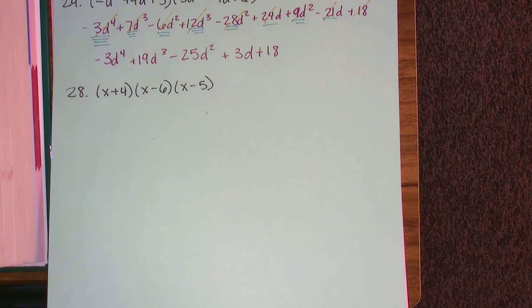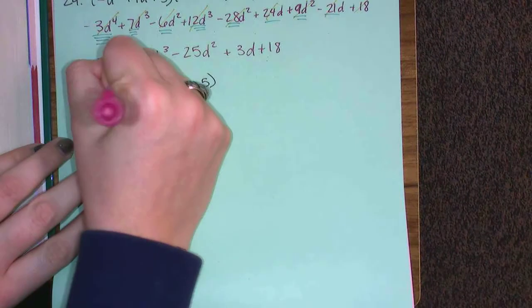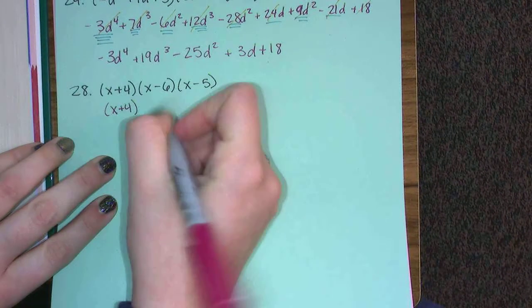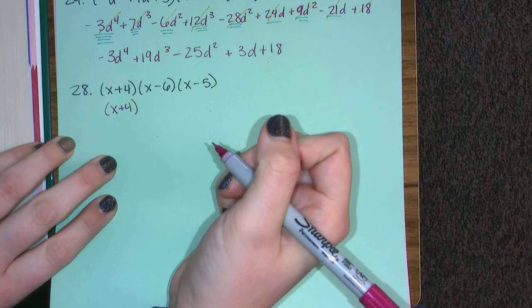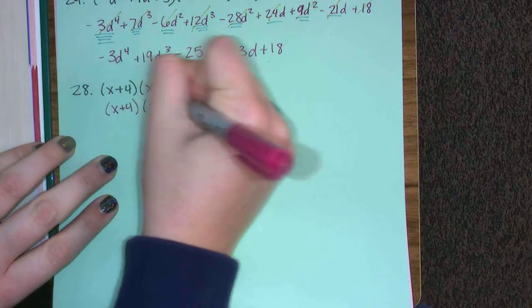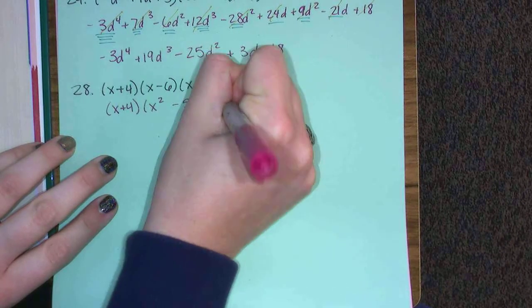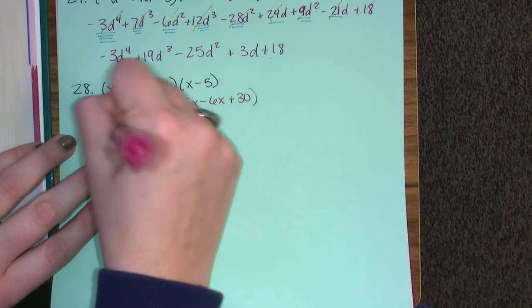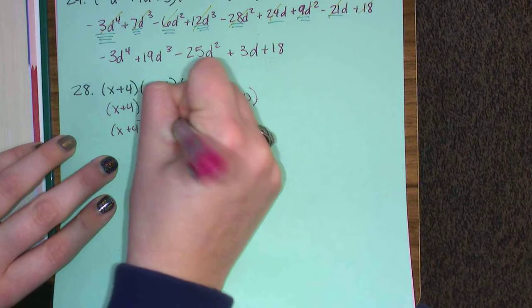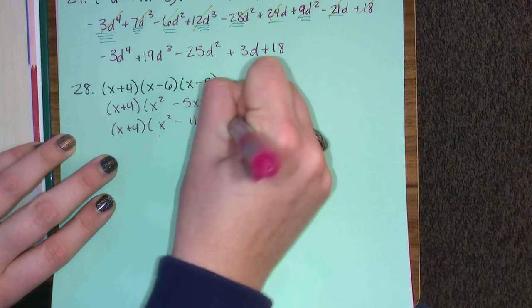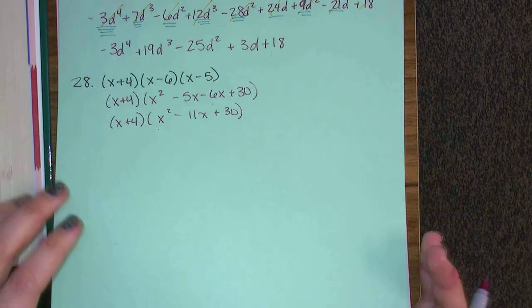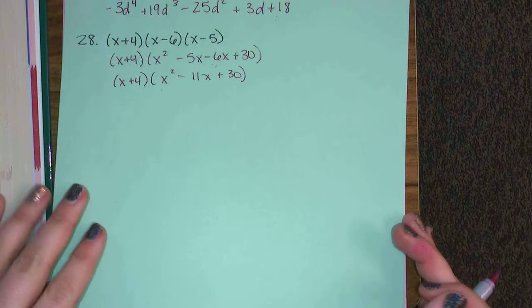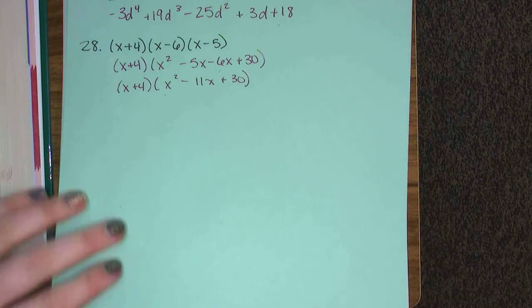So we can put on the x plus 4 and then multiply the other one. So multiplying these other 2, what do I get? Okay, and then now we're back to superfoiling. So what do we get?